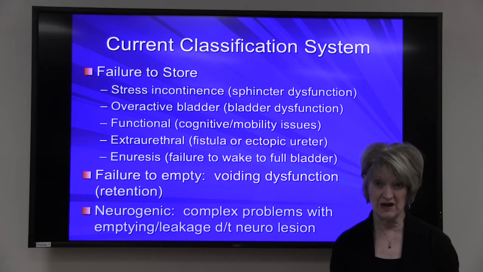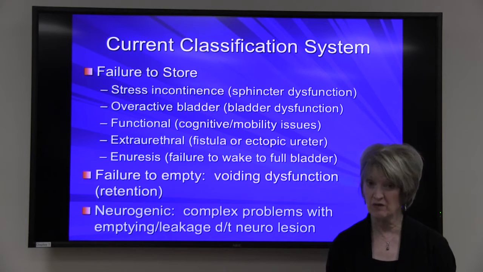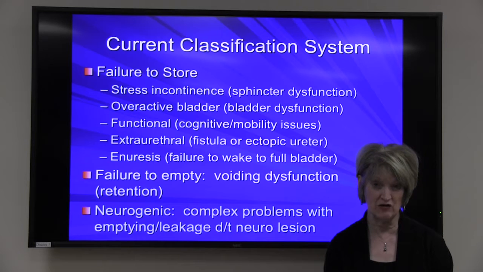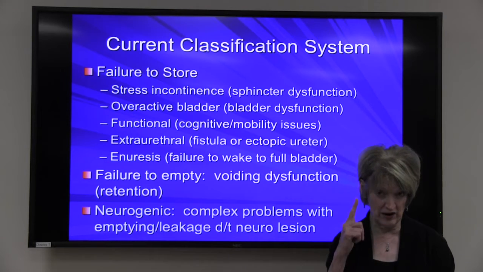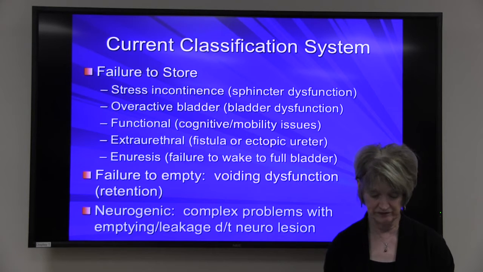Now let's look at the other side of the cycle, the emptying cycle. If you have problems with emptying and you have any degree of retention, that is known as voiding dysfunction. And finally, neurogenic bladder dysfunction can cause problems both with storage and with emptying due to complex neurologic lesions that interfere with communication between the brain and brainstem and the bladder and the sphincter.